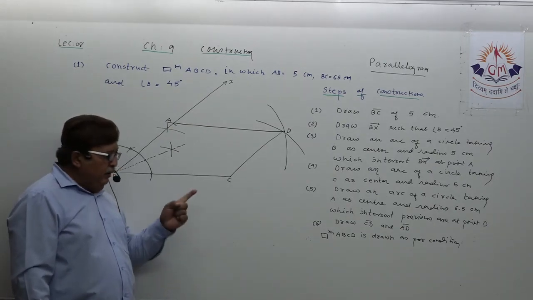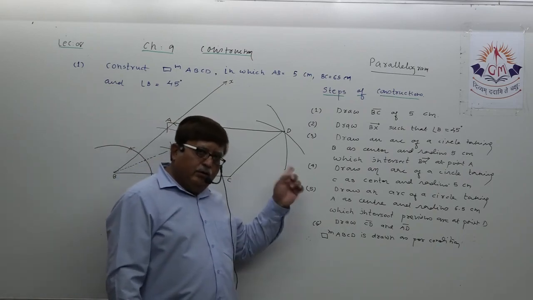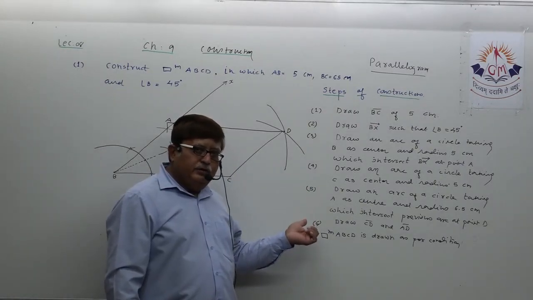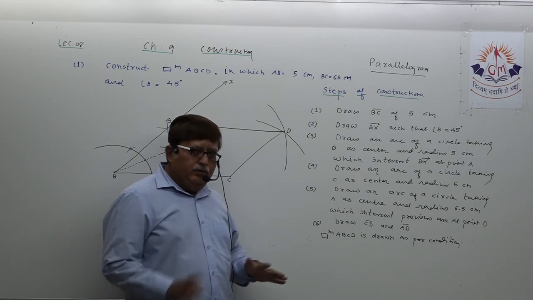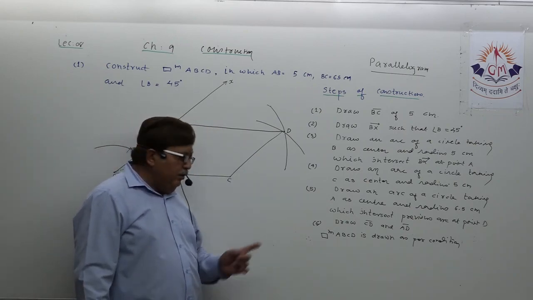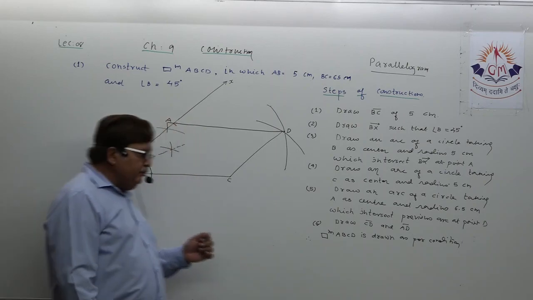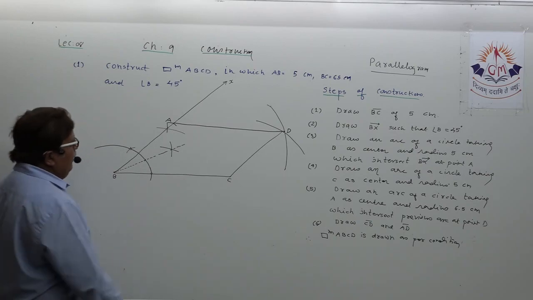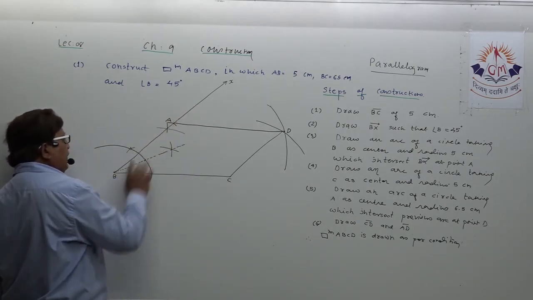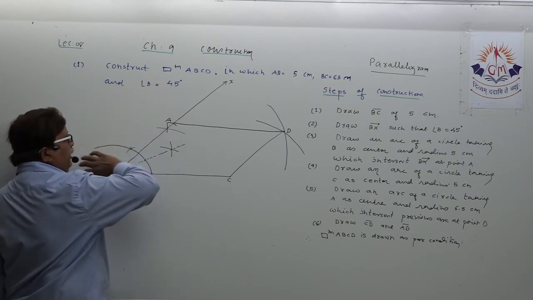So dear student, can you read the last statement? In all, we were writing, therefore quadrilateral ABCD is the required quadrilateral. You do not have to write that step here. You have to write, therefore parallelogram ABCD is drawn as per given condition. Here I have already given AB and BC, but I may twist the same question in this way. I will not give you the name of the parallelogram.